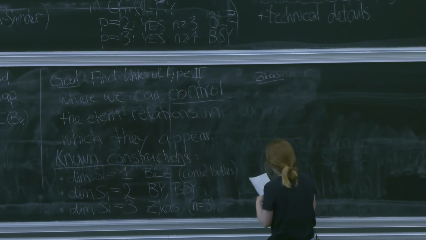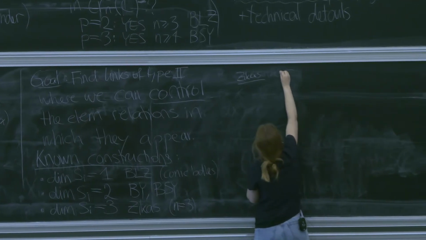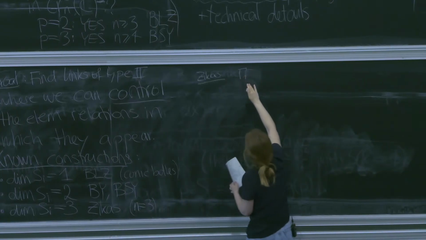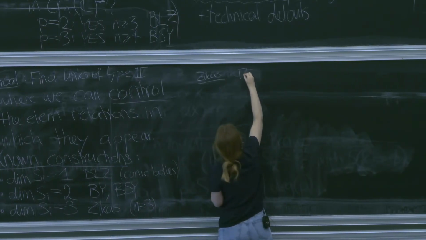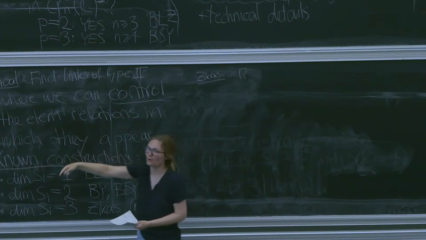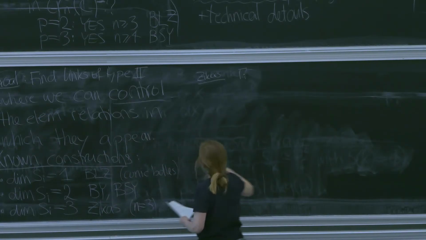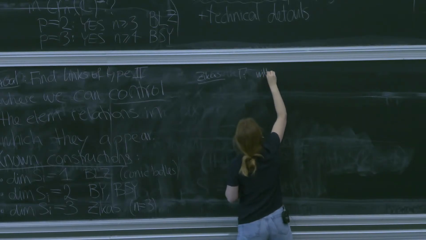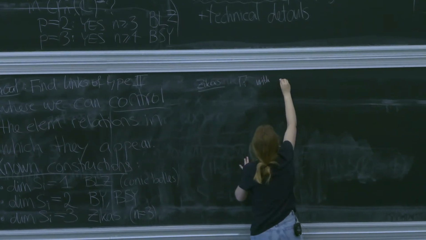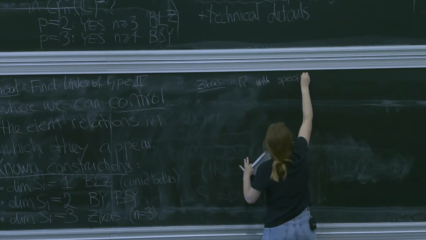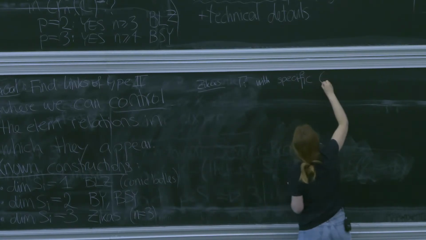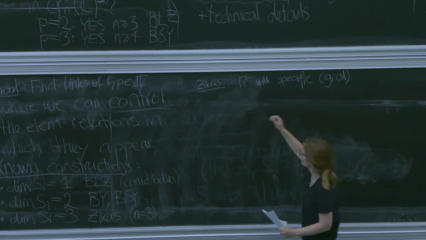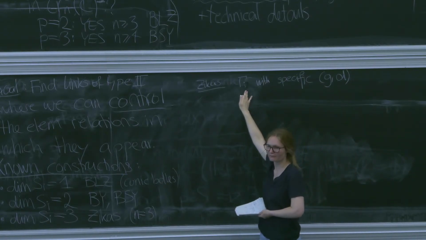What he does is he finds gamma i, the centers of the blow-ups of the divisorial contractions, with very specific genus and degree. Now gamma i is a curve in his case.